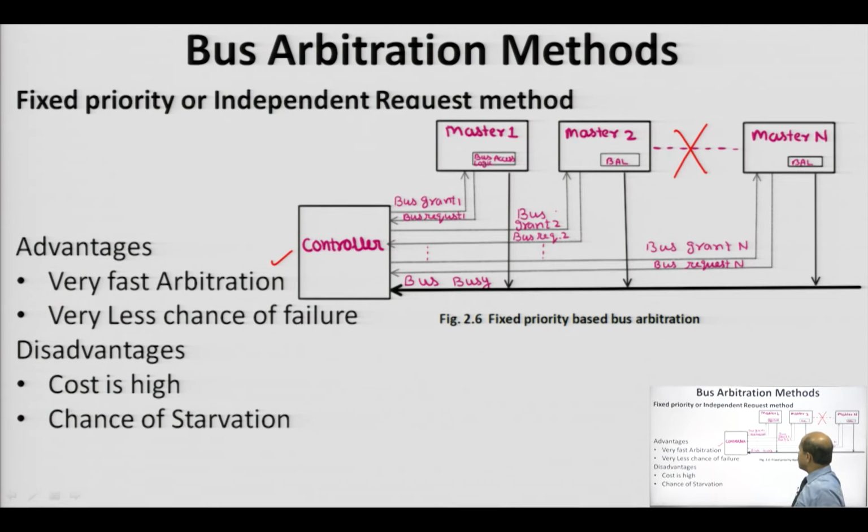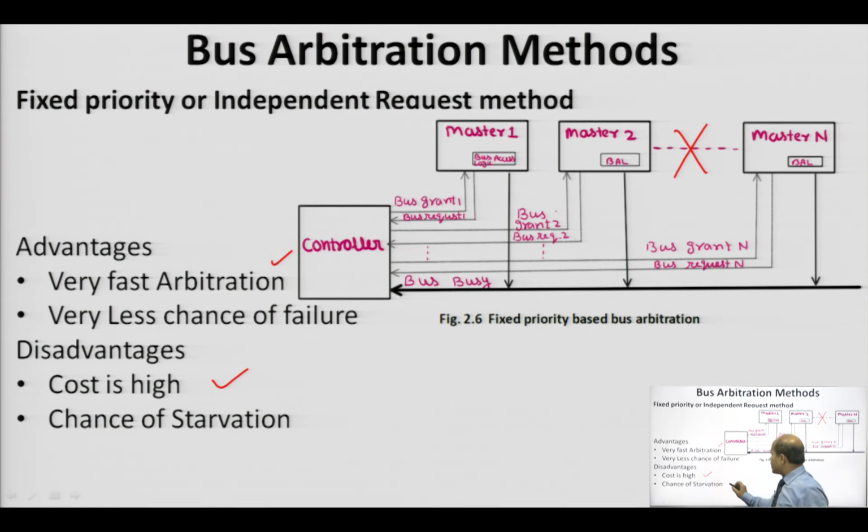But there are a few disadvantages of this method also. The first one is that the cost is high, obviously, because connecting every master with a pair of lines is expensive, and the priority decoder's cost is also included.